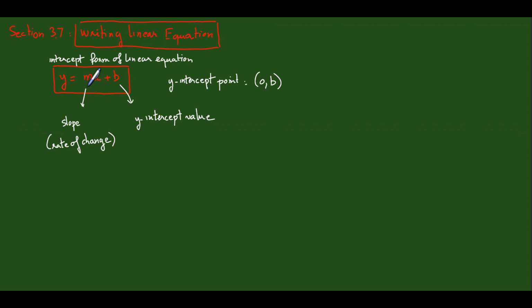Anything else I need to explain over here? Oh yes, let's talk about the slope. The slope is very important. The slope is the rate of change. The slope can be positive or negative. Remark: I believe I already talked about this in a previous section too, but I want to repeat it. If the slope is positive, then the line will be slanted upward, so it will be an increasing line.